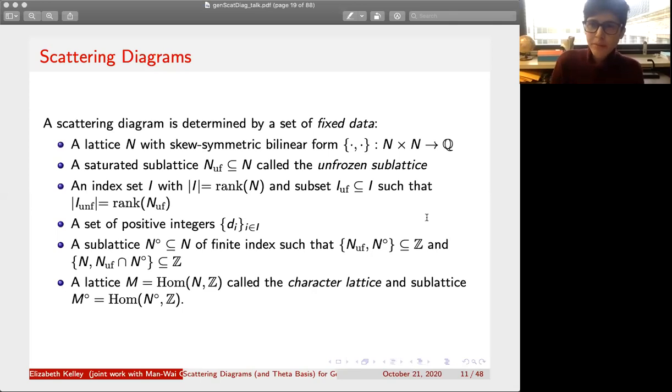What I'll say for people who maybe have a little bit of familiarity with cluster algebras is that the sublattice structure is going to say something about the type of cluster algebra you're working with.